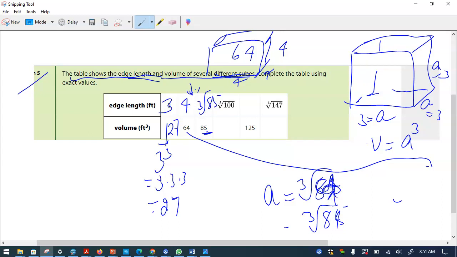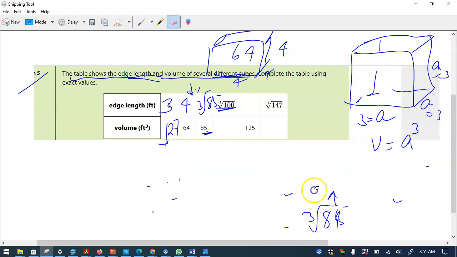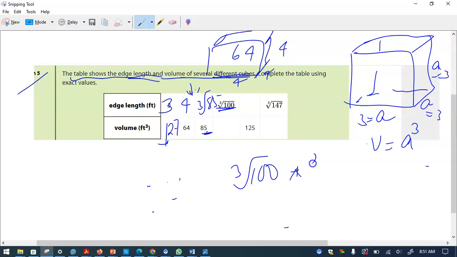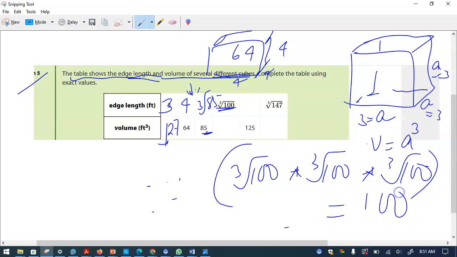And then this one is giving you the side length as a cube root, so the volume will become the cube of that. So the side length is given. It means it is cube raised to 100, and this answer is nothing but 100, right?